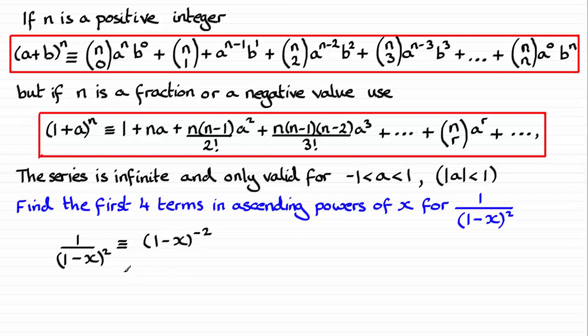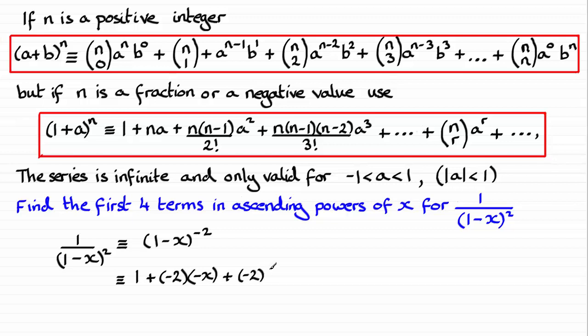And so if I was using the formula, it's going to be 1 plus n, n being the minus 2, times a being the minus x. So we've got 1 plus n times a, so that's times minus x, and then it's plus, and then we do n again, minus 2, but we now subtract 1 from that value.